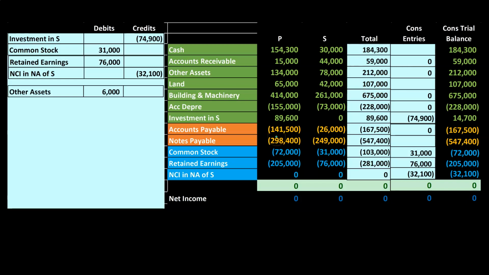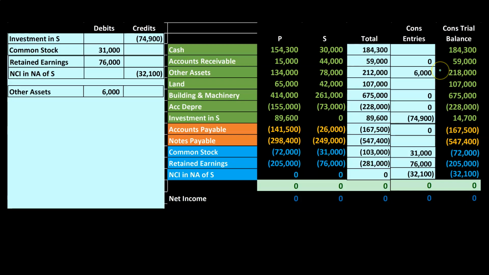Okay, so then the next thing is that the other assets we're going to have to change. You'll recall that the other assets here, the 76,000 for S, need to be increased because, as of this point in time, the same point in time that the purchase took place, the fair value was $6,000 higher. So I'm going to increase that by the 6,000.